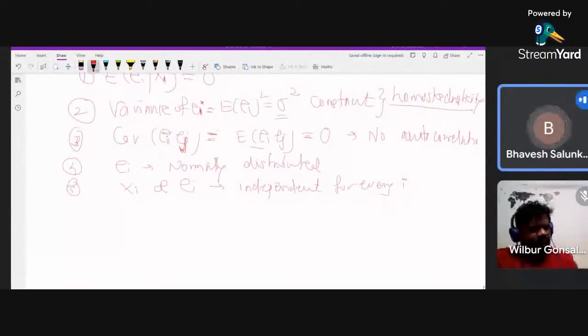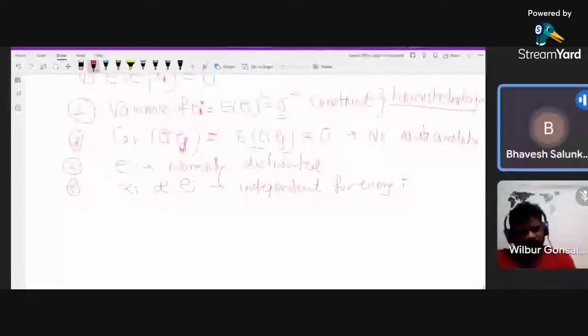So this assumption of no correlation between Xi and Ei is very important to satisfy some important properties of the OLS estimator that we are going to talk about. Now the sixth assumption is that not all values of X are the same.